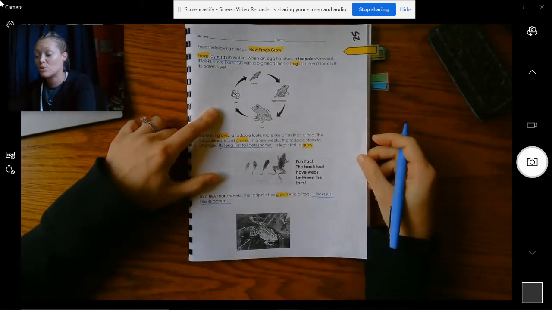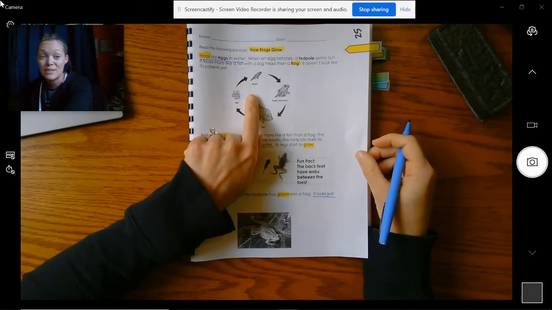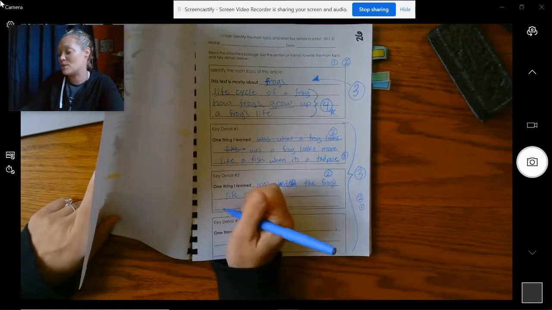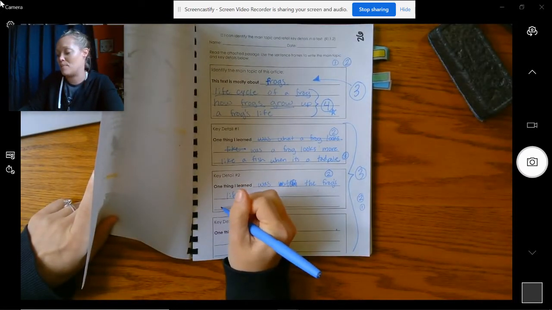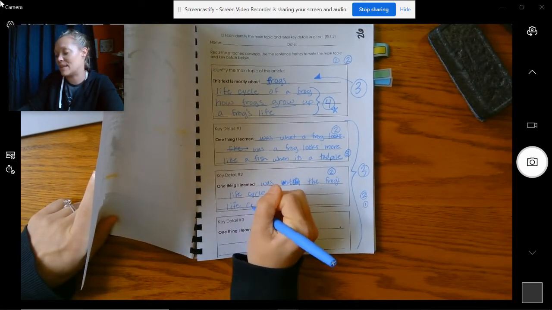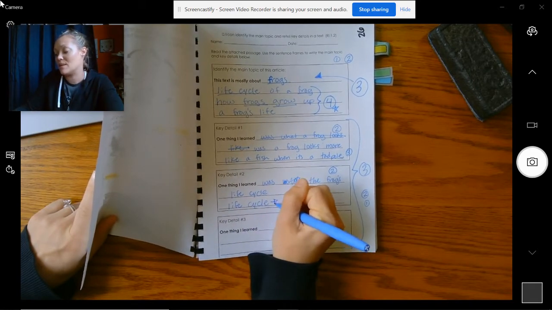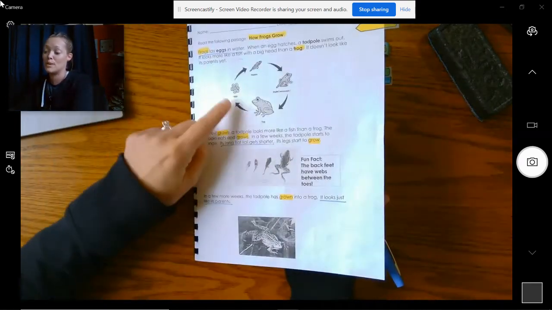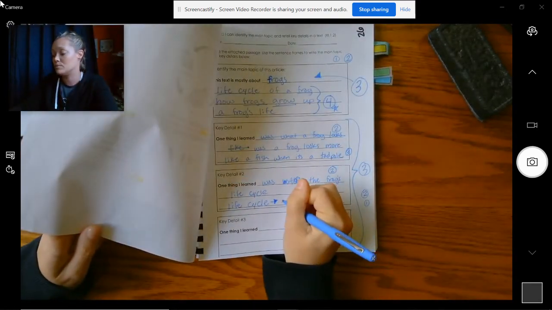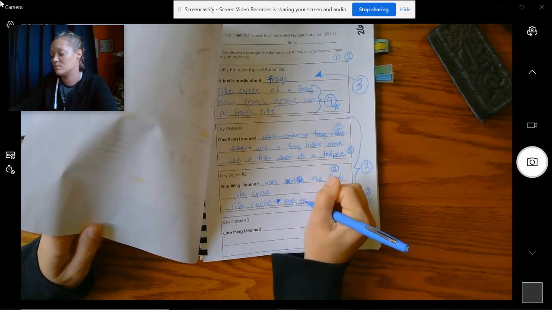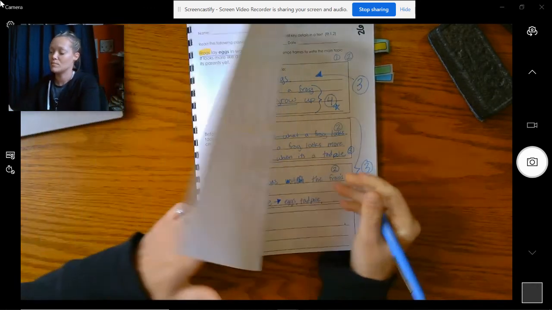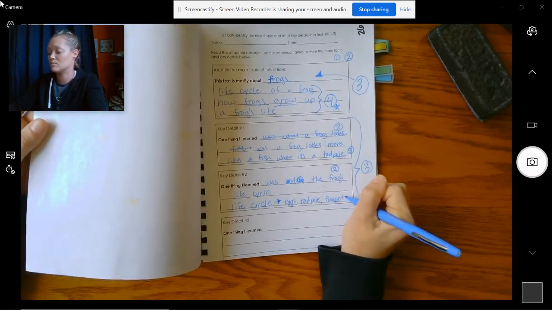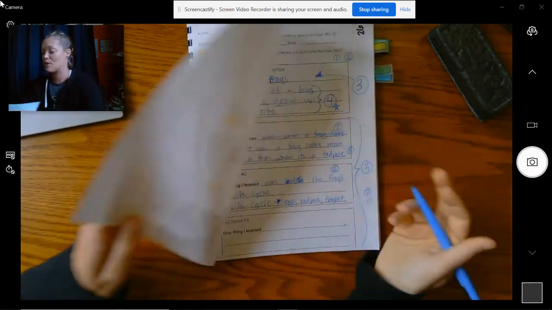If you wanted to get the 3, you would say the life cycle of a frog is, and you can use some pictures too. Life cycle, and then you would name it. Eggs, tadpole, froglet, and then frog.